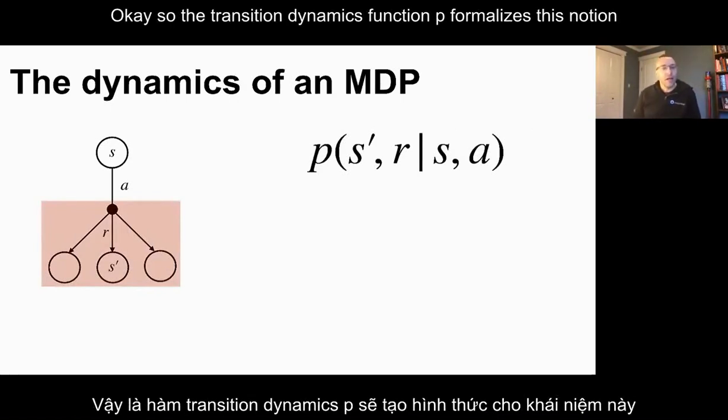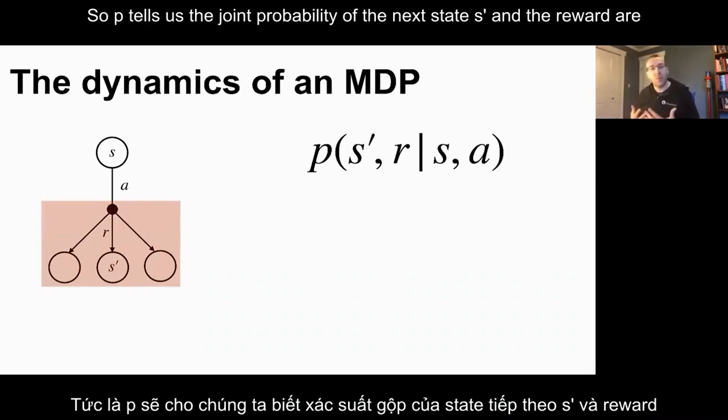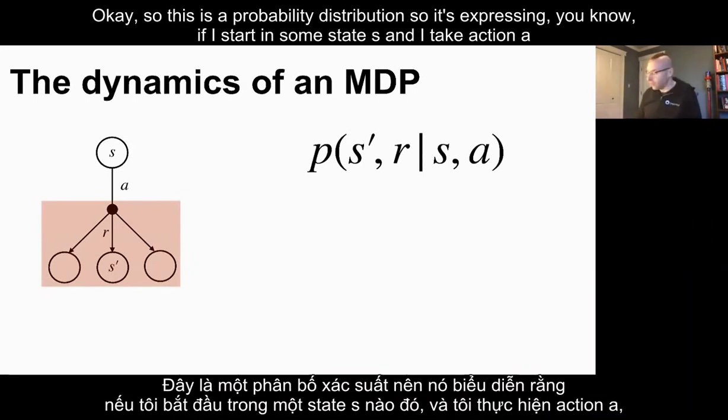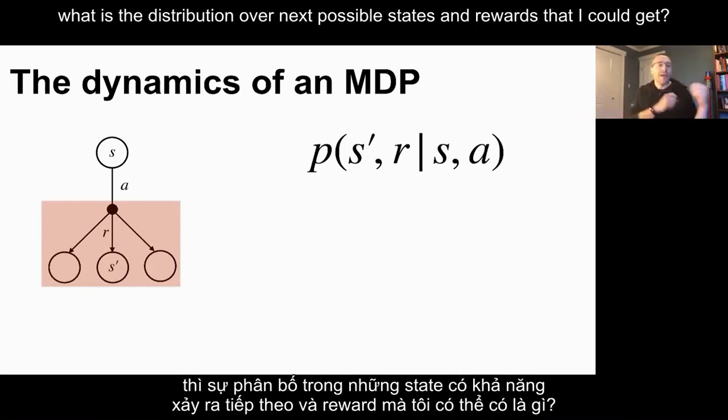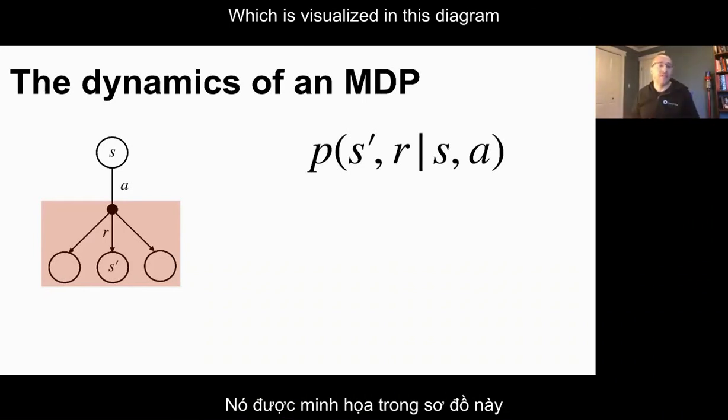Okay, so the transition dynamics function P formalizes this notion. So P tells us the joint probability of the next state, S prime, and the reward, R. Okay, so this is a probability distribution. So it's expressing, if I start in some state S and I take action A, what is the distribution over next possible states and rewards that I could get, which is visualized in this diagram here.